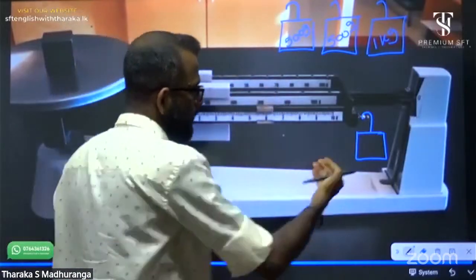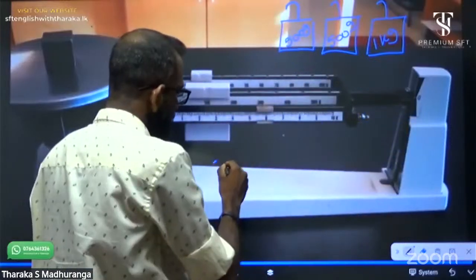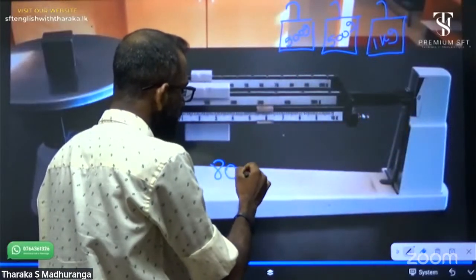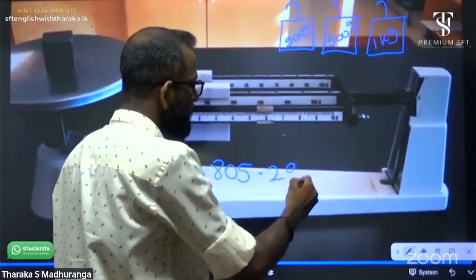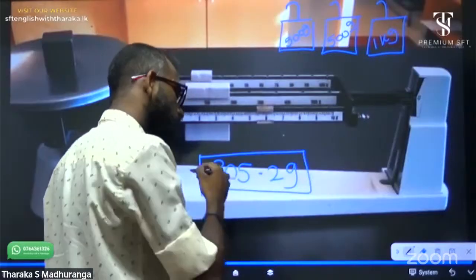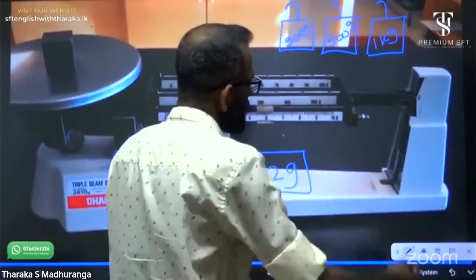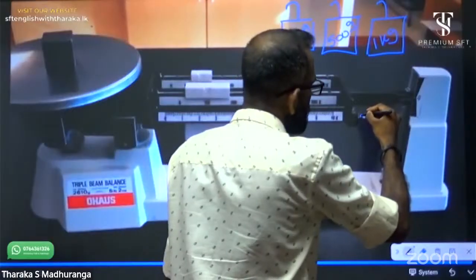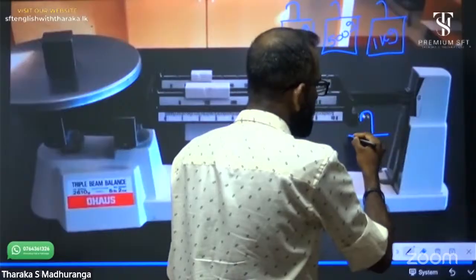Okay, think you just want a 805.2 gram reading using this instrument. Can you get this? You can't get it using the normal method. Okay, you can use the 500 gram extra beam.